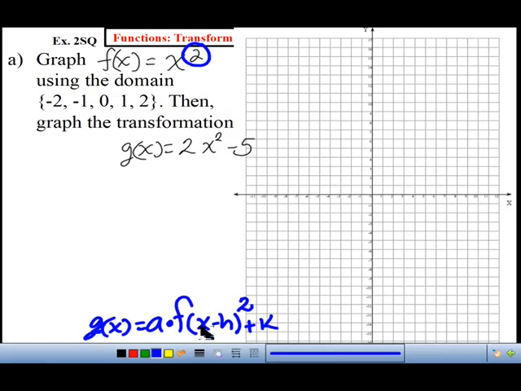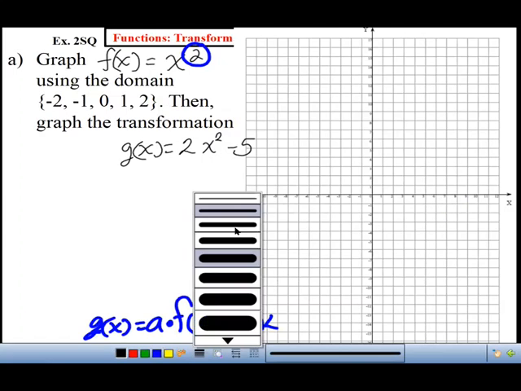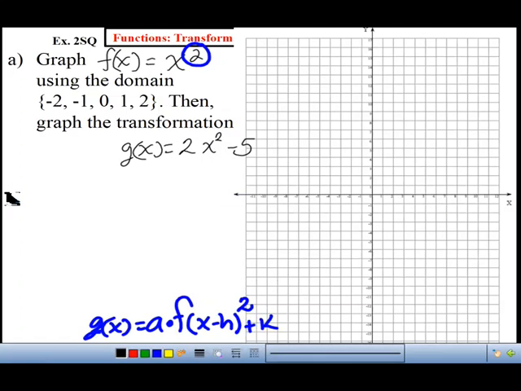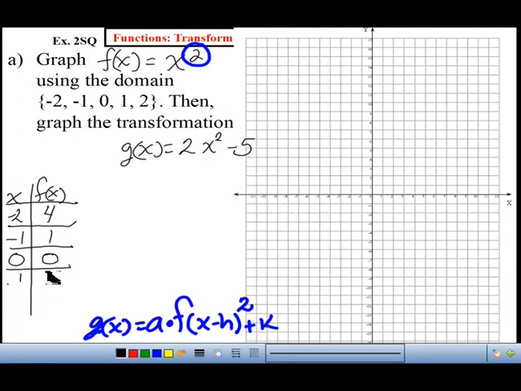But for right now, let's graph the original parent function. So over here on the side, I'm going to write x, f of x, -2. And what is the function that they ask us to do? Square it. What is x squared? That means -2 times -2. -2 times -2 is 4. -1 squared is -1 times -1, which is 1. 0 squared is 0. 1 times 1 is 1.